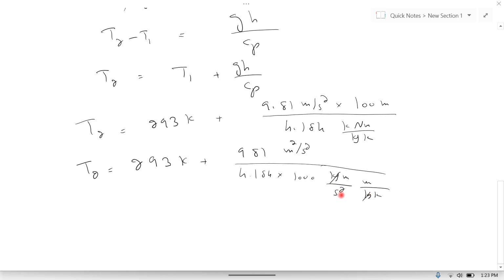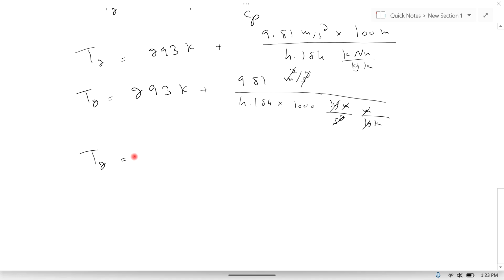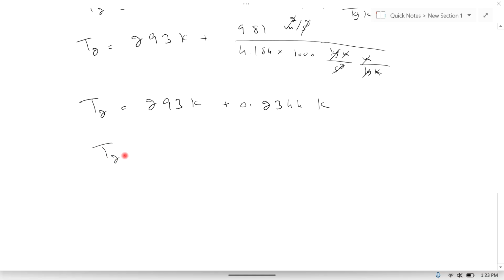Kilogram will be cancelled with kilogram, second square will be cancelled with per second square, and square meter will be cancelled with square meter. So T2 is equal to 293 Kelvin, and simplify this value, which is equal to 0.2344, and the per Kelvin is in the denominator, so it will be shifted to the numerator. So the final temperature is equal to 293.2344 Kelvin. This is in Kelvin.